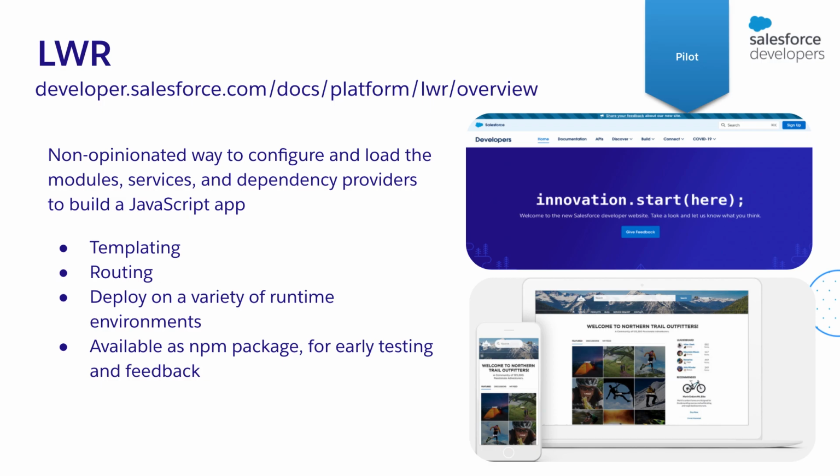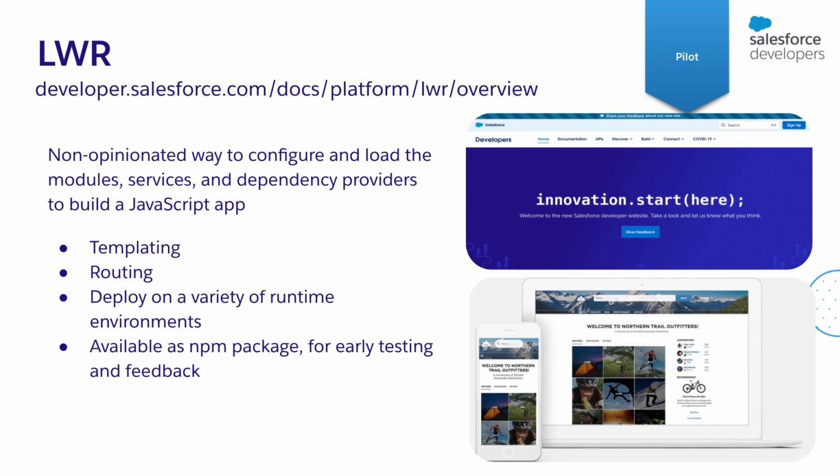We provide also middleware for routing, for being able to navigate from one page to another page in your static site. And the applications that you build with Lightning Web Runtime, you are going to be able to deploy on a variety of runtime environments. For instance, if you want to create an application and run it on Heroku, you are going to be able to scaffold the app following the Lightning Web Runtime wizard.